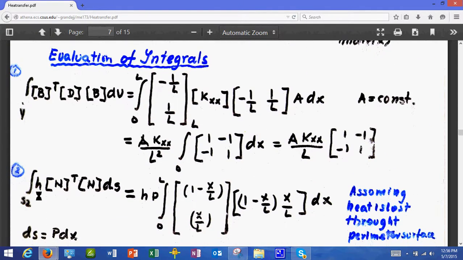Now, these are things that you need to have on a sheet of paper. You know what each one of these equations do, because it would be difficult to remember. But if you follow the definition of the vectors, it's pretty straightforward. You come up with an answer on the other side right here.